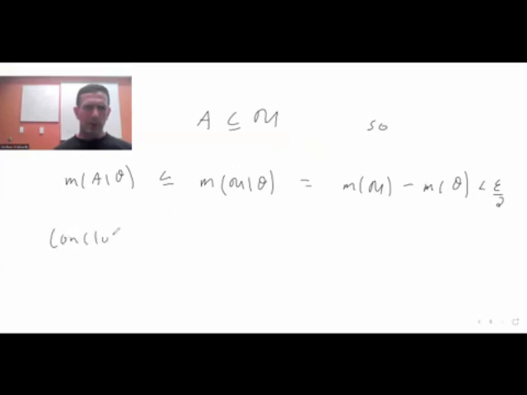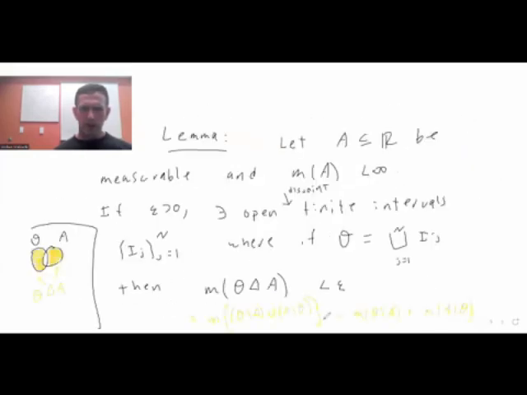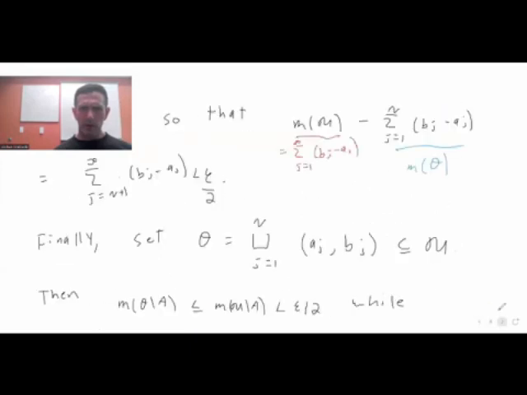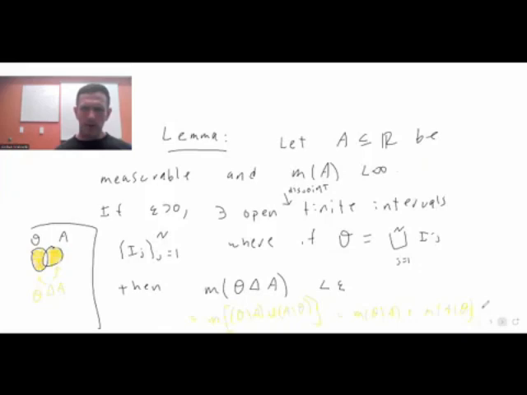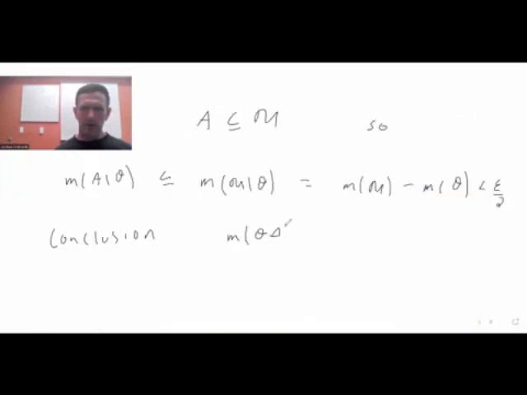So conclusion: just from here, both of these are less than epsilon over 2. This here is less than epsilon.